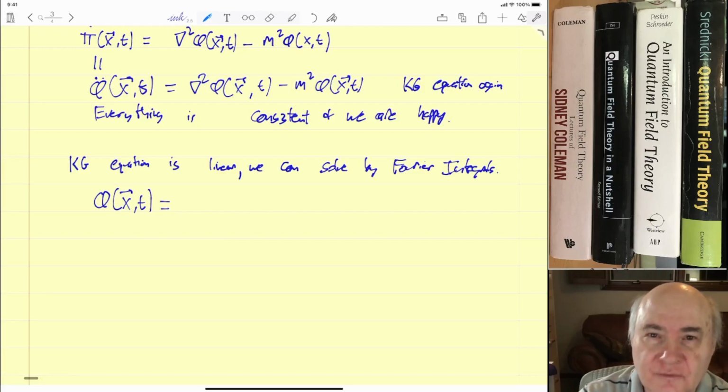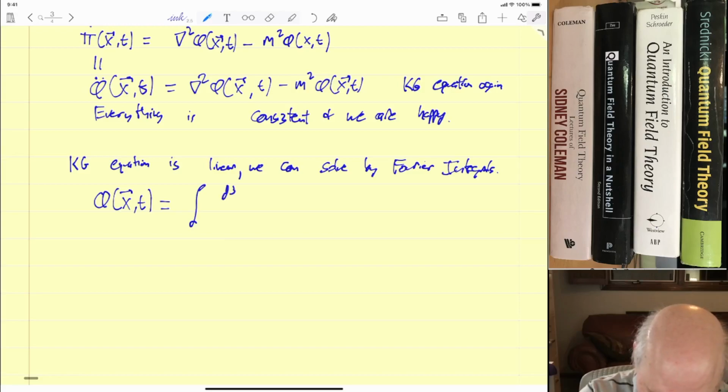Like I said, there's two main ways to do it. You either go [a, a dagger] equal 1, or you go [a, a dagger] equal (2π)³ 2ω_k δ³, just in case you're wondering. So I'm just going to write the integral d³k over (2π)³ 2ω_k.